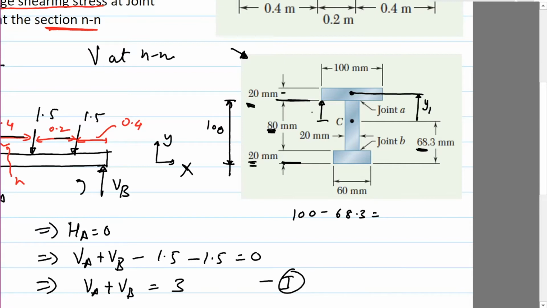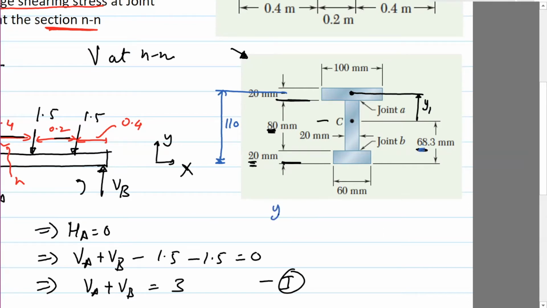So if you want to find y1, a better way to do it is to probably take it this way. So just find the centroid, which is this distance. So that will be 110 minus 68.3 will give you y1. So you don't have to do more work.